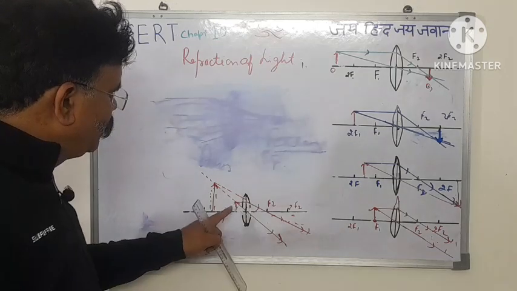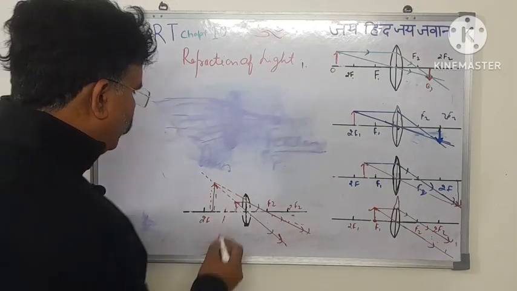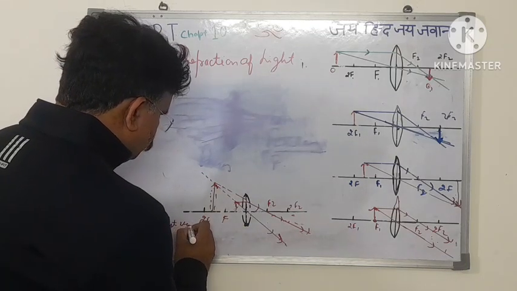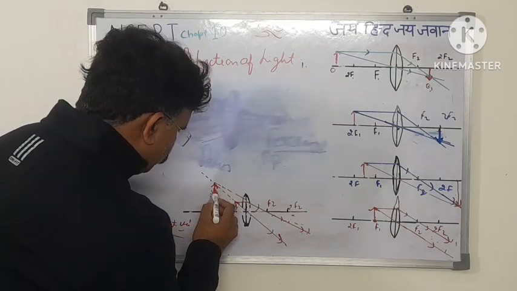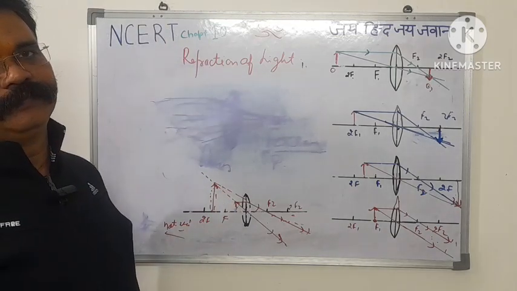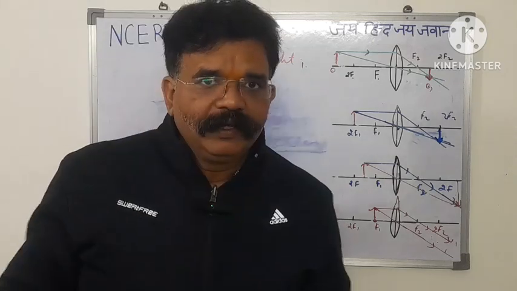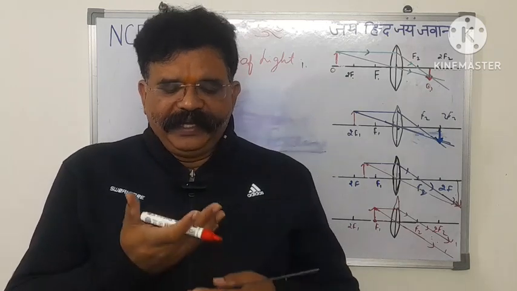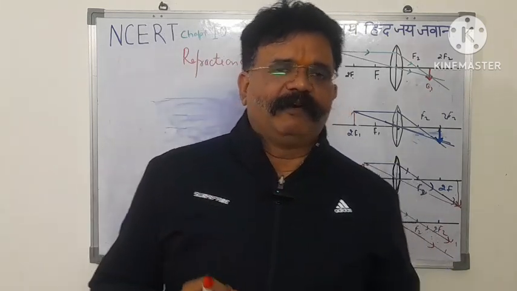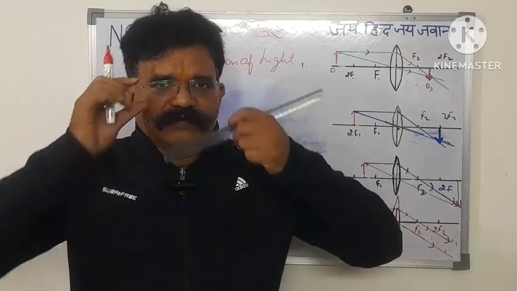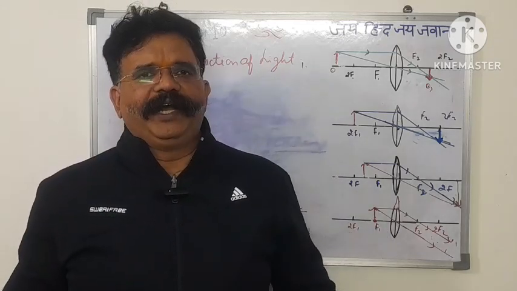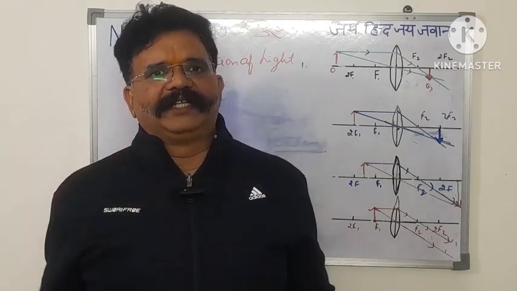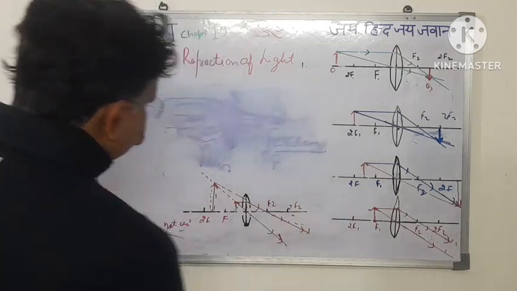In this case, when the object is kept between the focus and the lens, the image is not real. The image is large in size also. That is why a person who is not able to read a nearby newspaper or small letters of a book uses a convex lens, and then he is able to read, because the virtual image of those letters is made a little bit larger.